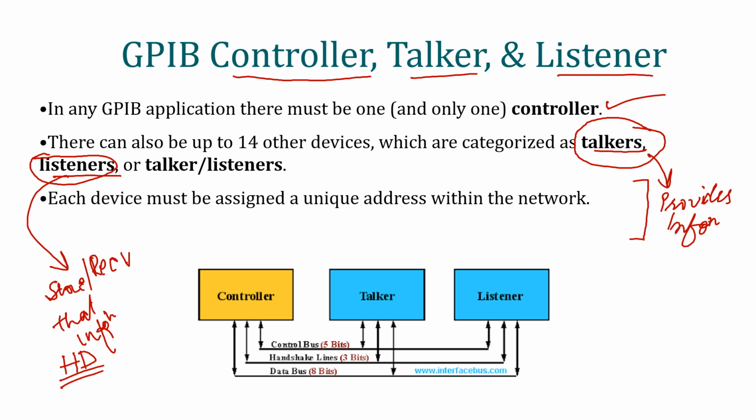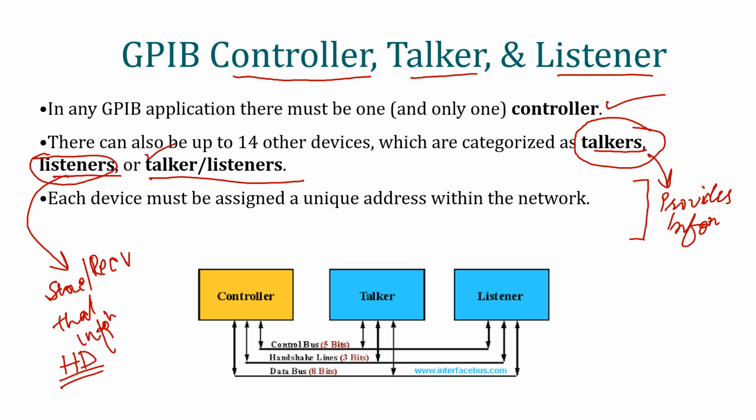Similarly, there will be some instruments which may be permanently talkers, but there are a few sophisticated instruments which can work as talker as well as listener, like a digital function generator which gives various functions. It can produce whatever wave is required.